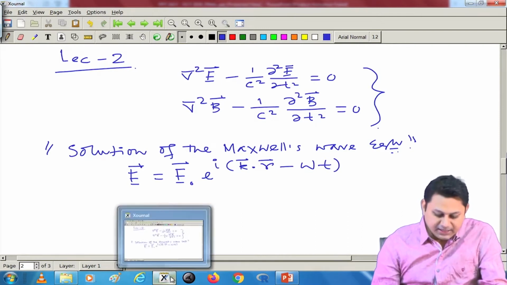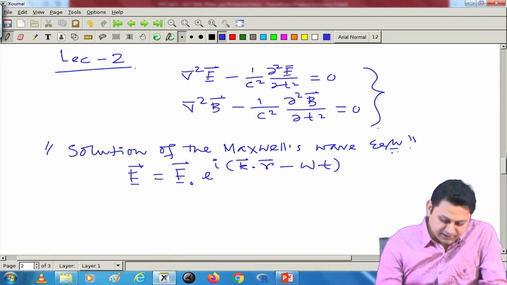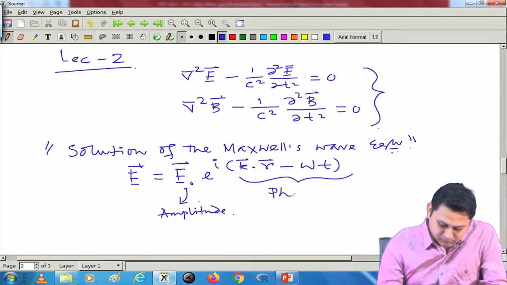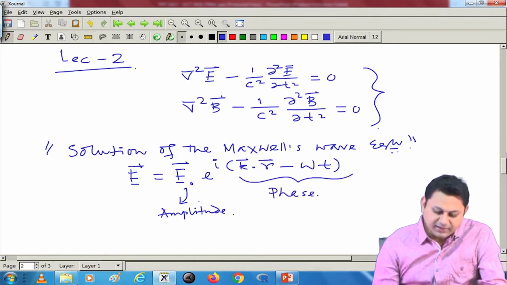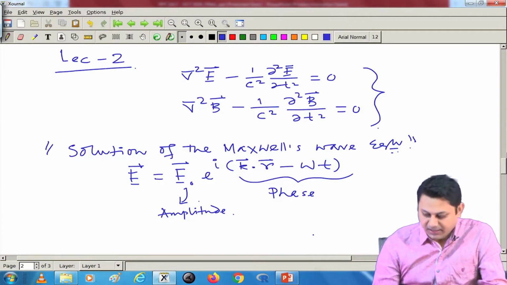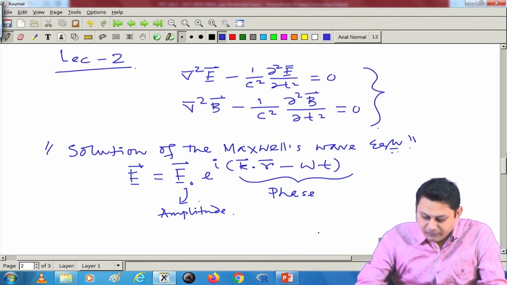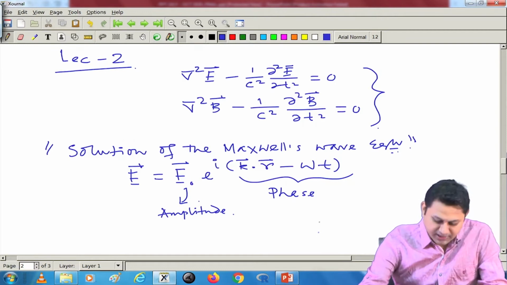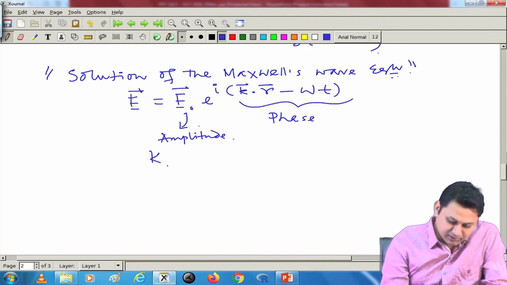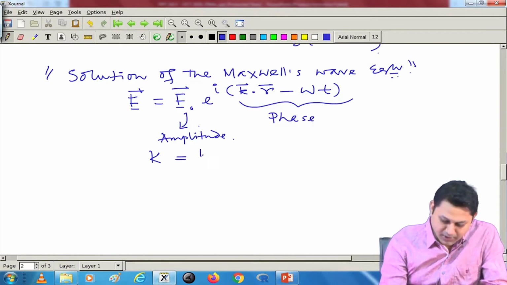I have an electric field E, and on the right hand side I have the electric amplitude E0. This is the amplitude part, and this entire part is a phase part. Inside the phase I have a space variable and also the time variable, and I demand that this should be a solution of the Maxwell's equation, and we can find the solution with the condition that k is equal to omega divided by c.